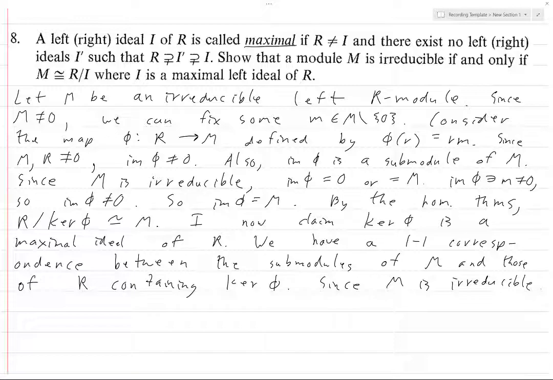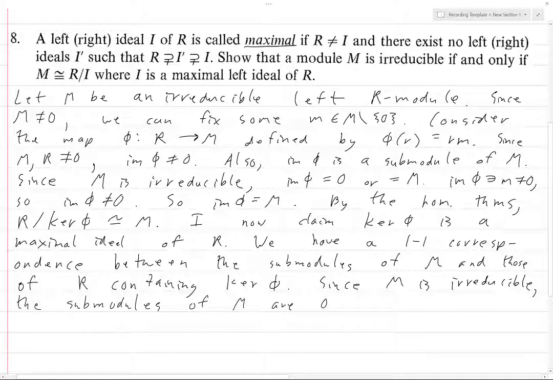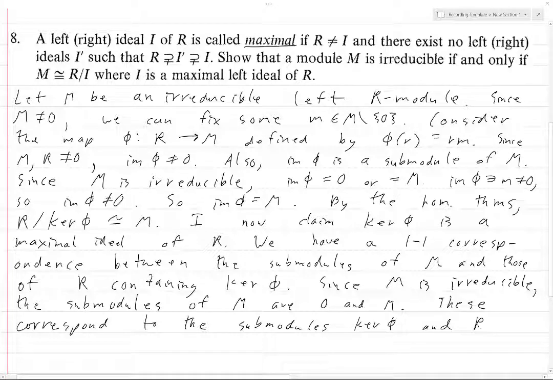Since M is irreducible, the only submodules of M are 0 and M. These correspond to the submodules kernel of phi and R of R. Because if we look at our map, phi sends r to m, and it sends 0 to 0, so that's the correspondence between the submodules.